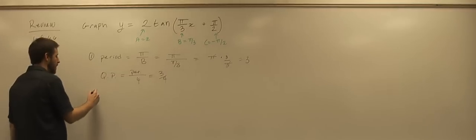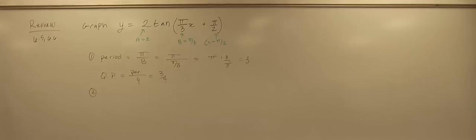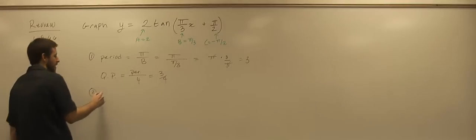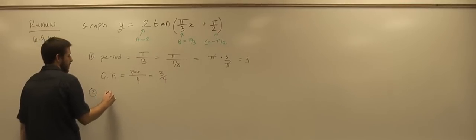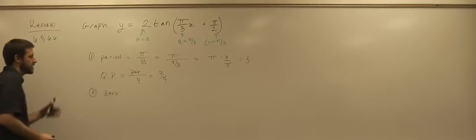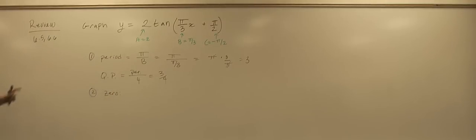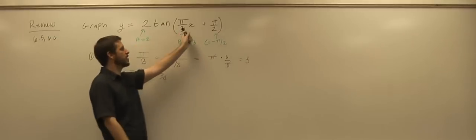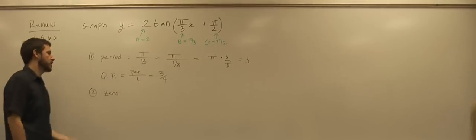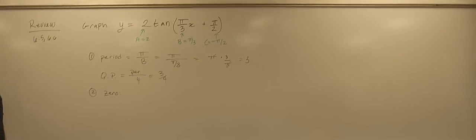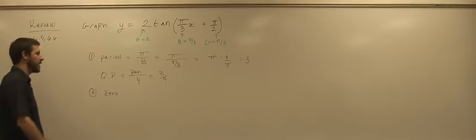The other thing we talked about was the phase shift. It's the same idea, and it's kind of where your 0 moves. Normally, tangent has a 0 right on the origin, but if you start adding a bunch of extra numbers in here, the 0 moves. So where does the 0 move? How do you calculate it? C over b.